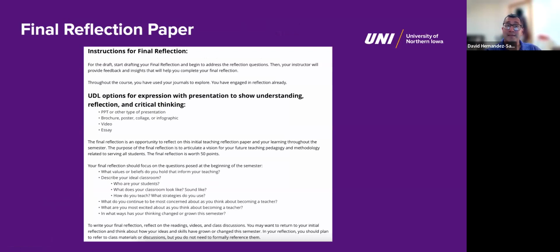So after having received my feedback for your final reflection paper, you will do what I just talked about, which is revisit those initial questions in your initial reflection paper, and then express yourself either in an essay or in an alternative format that provides additional insight, especially for that last question across all of the questions.